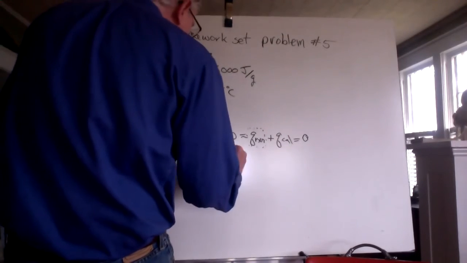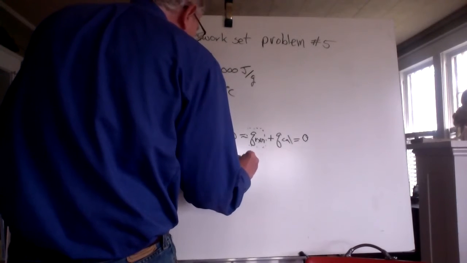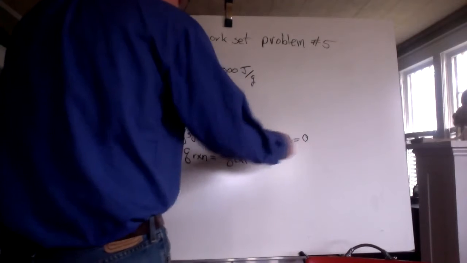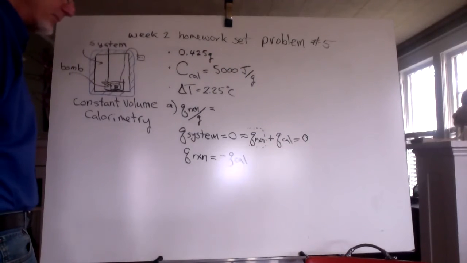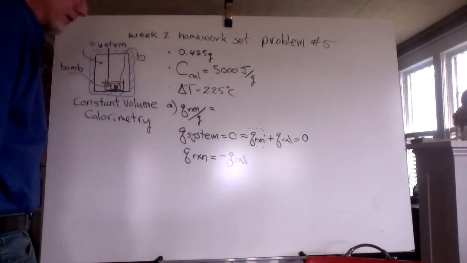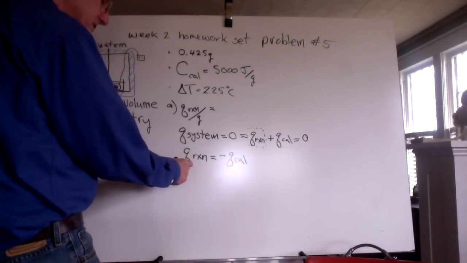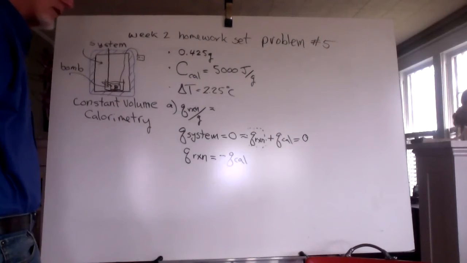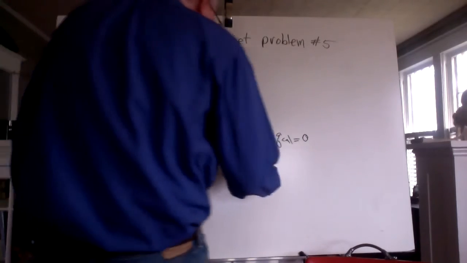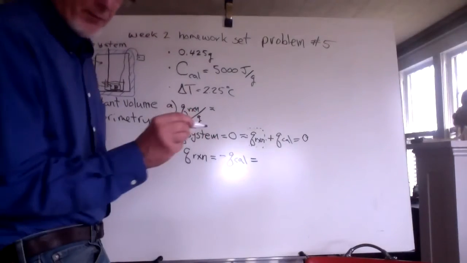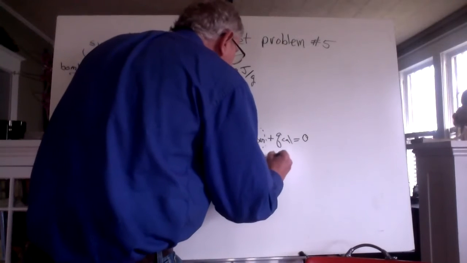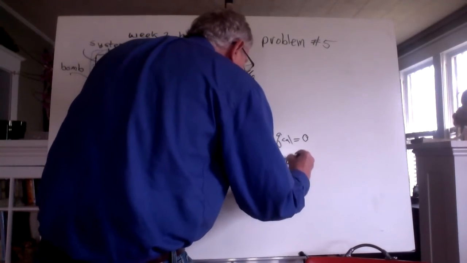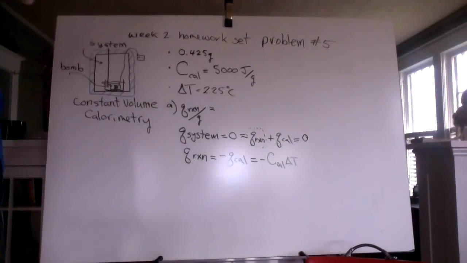And Q of the reaction is going to be equal to negative Q of the calorimeter. We just solve this little equation for Q of the reaction. And don't drop the negative sign. So this is telling us that all of the heat energy produced by the reaction is completely absorbed by the insides of the calorimeter. And it turns out that the Q of the calorimeter will always be equal to the heat capacity of the calorimeter times the temperature change that occurred inside the calorimeter.